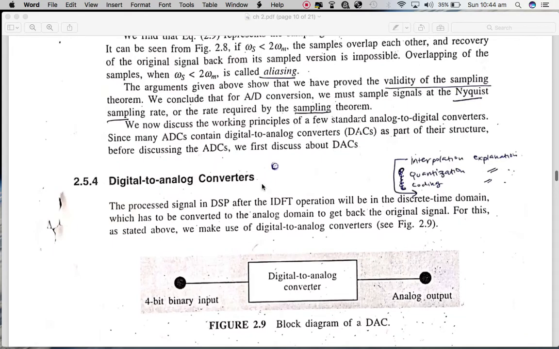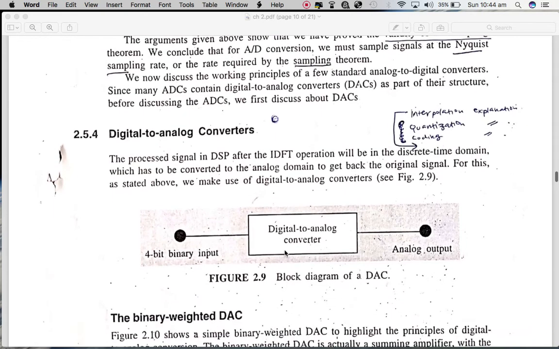It is a box, the D to A converter, which converts a 4-bit or 8-bit or any bit binary number into a decimal value. The decimal value indicates the analog signal, and the binary value indicates the sampled version of the analog signal, which is the digital signal.